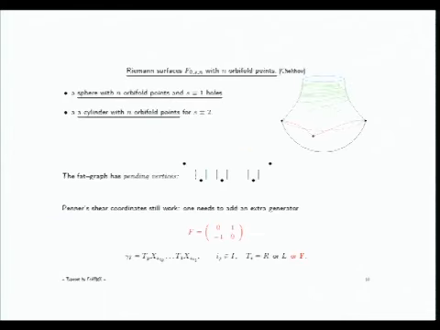Okay, now next. Adapting these coordinates to the case in which we have orbit points. In this case, the fat graph is slightly different. When you have these points, you have a fat graph which has pending vertices. So it's not closed, and you have some vertices in the fat graph.